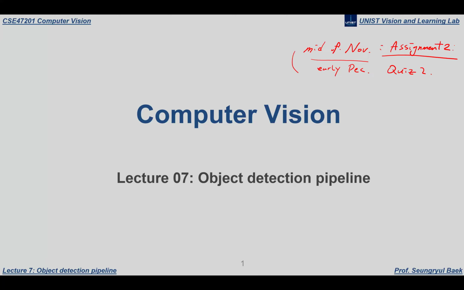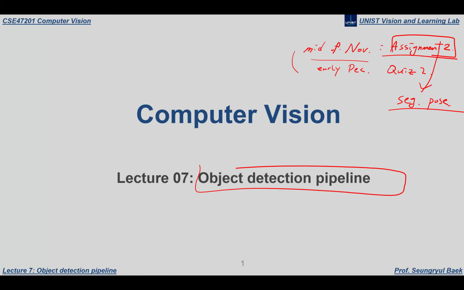And assignment 2 will be related to implementing the segmentation and also the pose estimation network. The object detection pipeline is actually hard to implement by yourself. So you don't have to worry about detailed implementation, but you have to understand the concept because it will be contained in quiz 2.